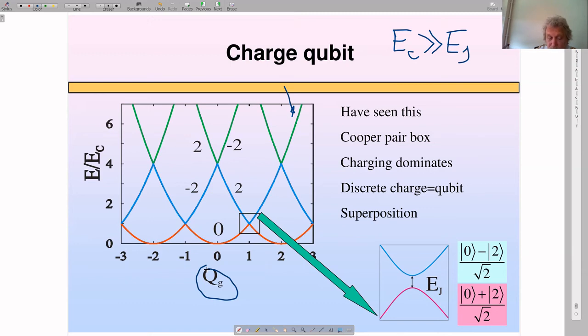And in almost all points of this parameter space, we don't have much quantum mechanics. The island is just in a state with a certain charge, except at the crossings of two levels. Then, if the energies of two charge states are the same, we can arrange superpositions of the two.